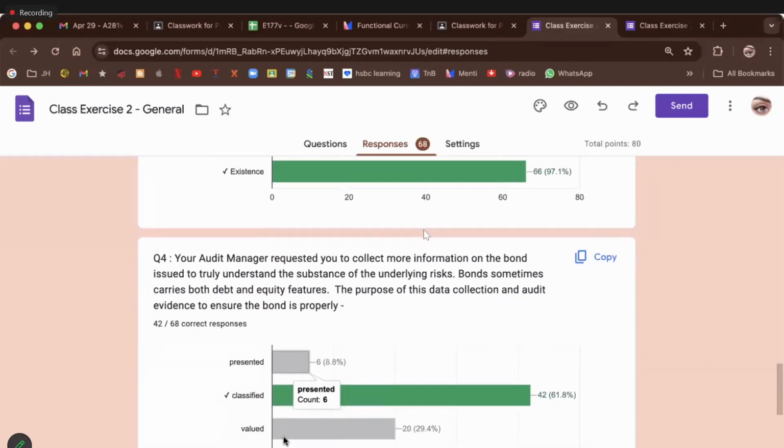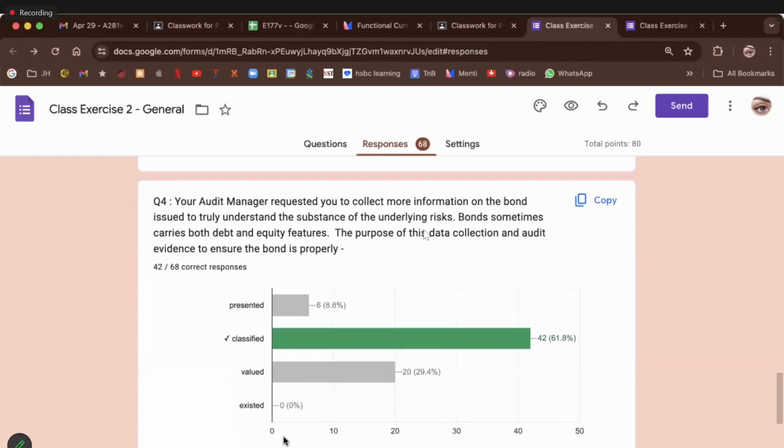Question 4, your audit manager requested you to collect more information on the bond issued to truly understand the substance of the underlying risks. Bonds sometimes carry both debt and equity features. The purpose of this data collection and audit evidence is to ensure the bond is properly... So this one tests you a little bit on your reporting standards.